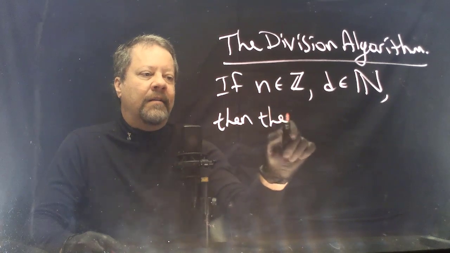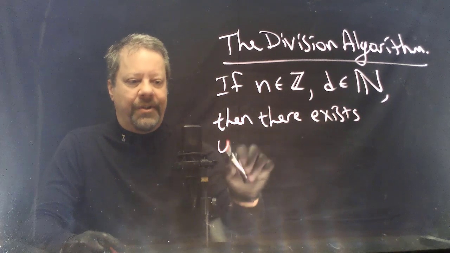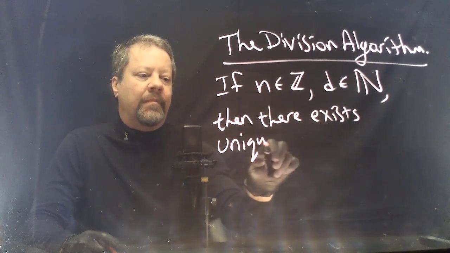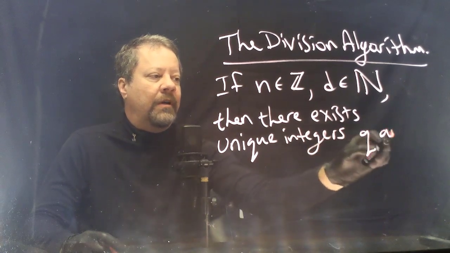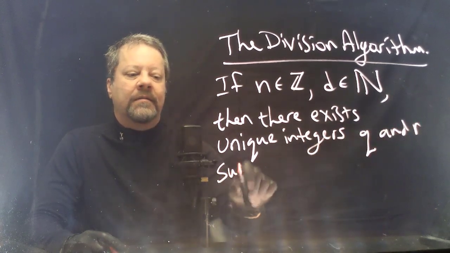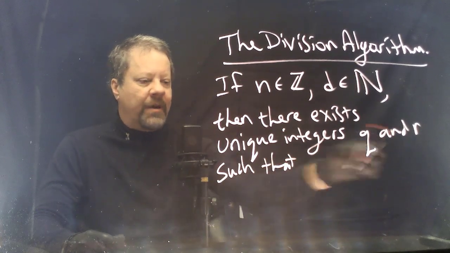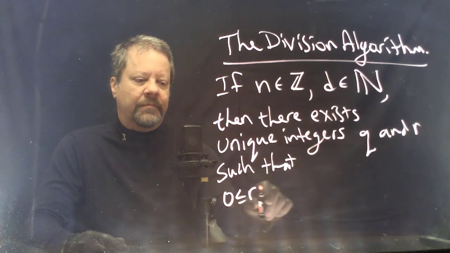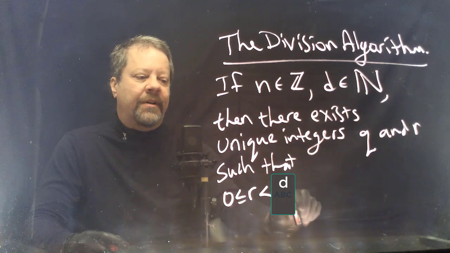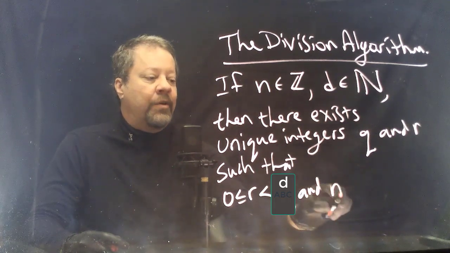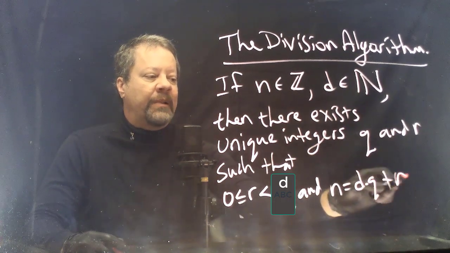then there exist unique integers q and r such that, first of all, we want r to be smaller than the denominator and bigger than or equal to 0, and that the numerator is the denominator times the quotient plus the remainder.